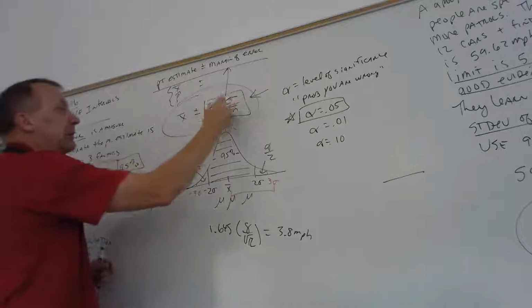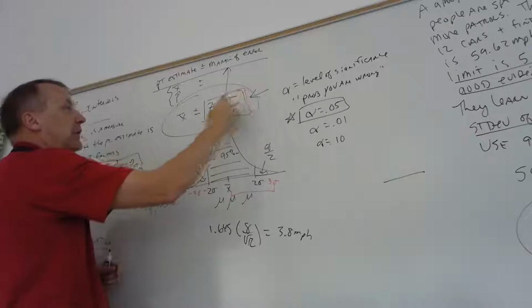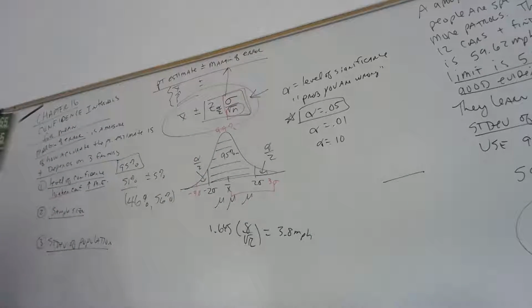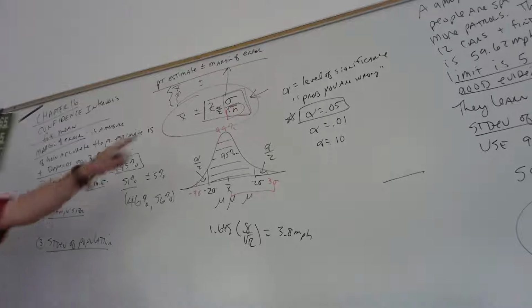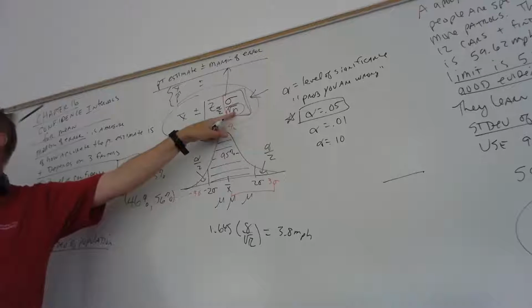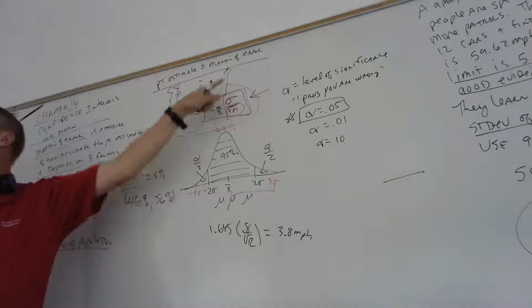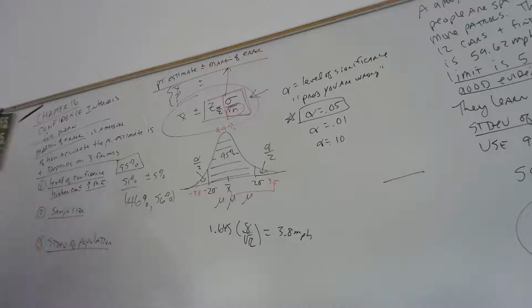If I get a bigger sample, I put a big number in the denominator, which makes that fraction a smaller number overall, correct? So as your sample size, abbreviated SS, increases, your margin of error decreases.